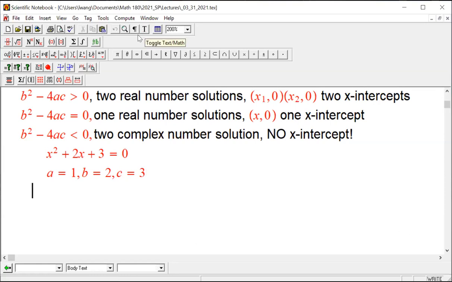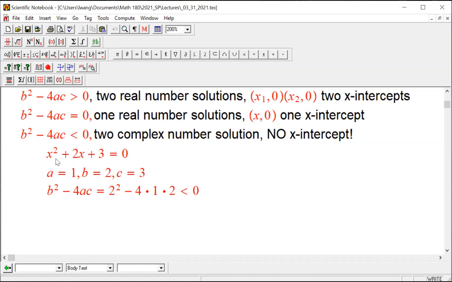Before I use the quadratic formula, I would look at b squared minus 4ac. That's going to be 2 squared minus 4 times a, where a is 1, and c is 3. What do I end up with? I end up with a negative.